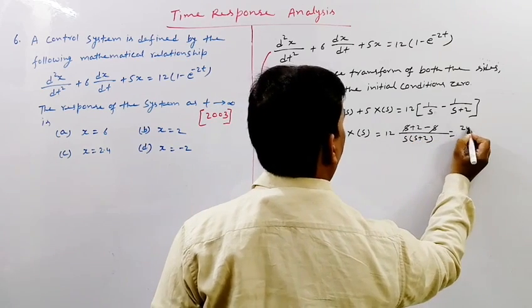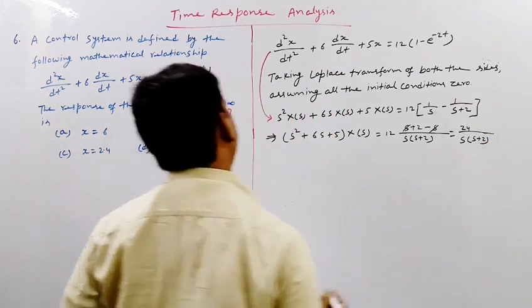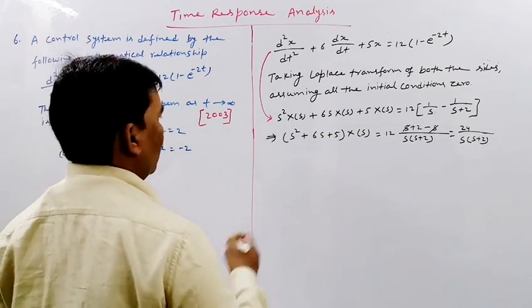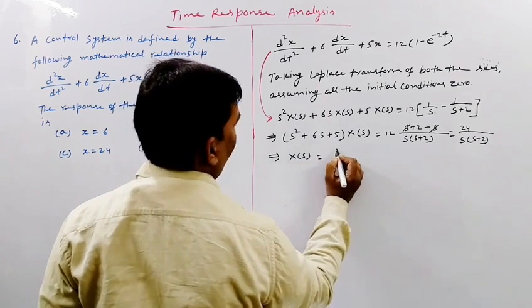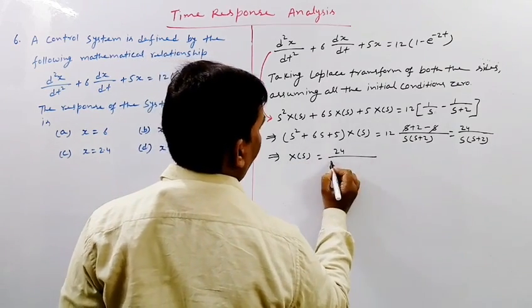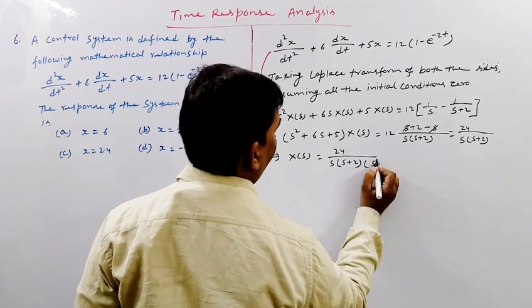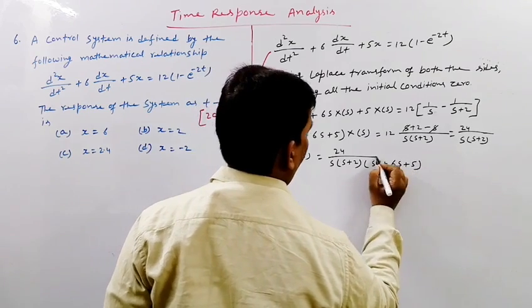So it will be 24 by s into (s plus 2). Now X(s) will be nothing but 24 by s into (s plus 2) divided by (s square plus 6s plus 5).